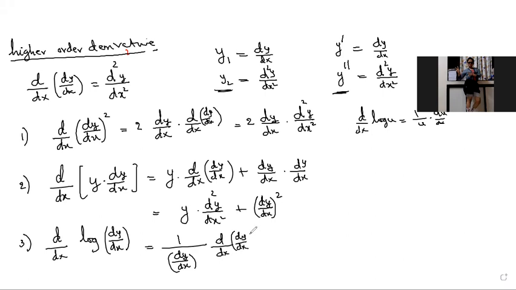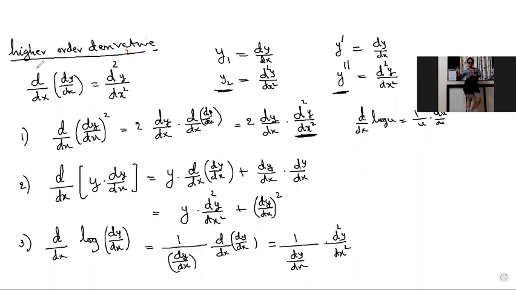What is the derivative of dy by dx? 1 upon dy by dx into d2y by dx2. Have you all understood? So always treat dy by dx as a function of x. Whenever you are applying any rule, treat it as a u, the notation we used. And if you find the derivative, directly you can use the notation d2y by dx2.